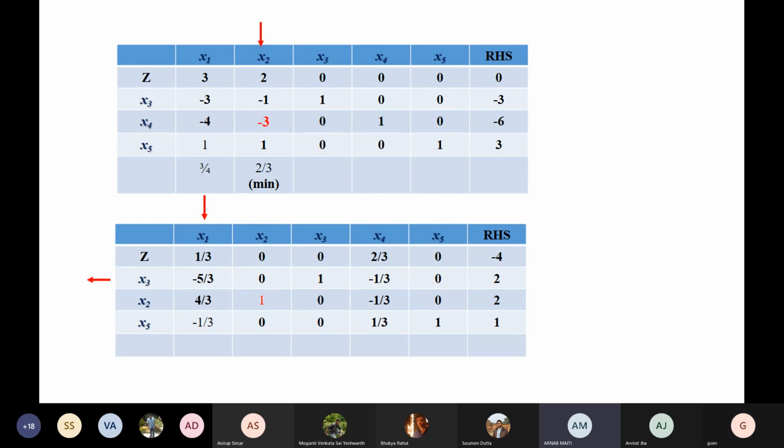So after the first iteration only we are getting optimal. If you see the first row, you are getting the optimal. In the second table the value of z is -4, which means the minimum value of z is 4, right? Yeah. Okay, good.